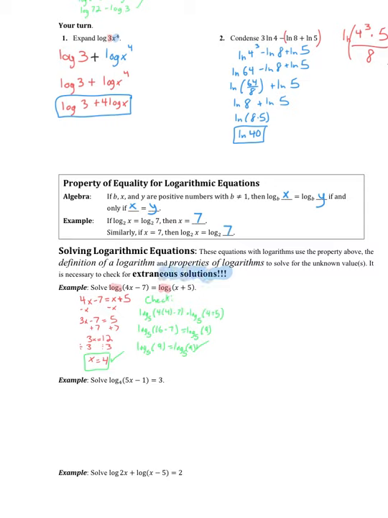Have you guys heard that expression before, extraneous solutions? Did we talk about it last year in AGS2, or we talked about? I don't think we've talked about it this year at all. Okay, so an extraneous solution is a solution we find algebraically but it's outside the domain of the function.